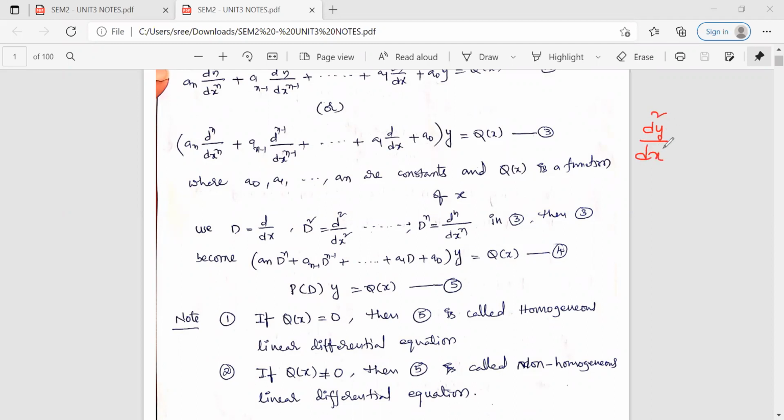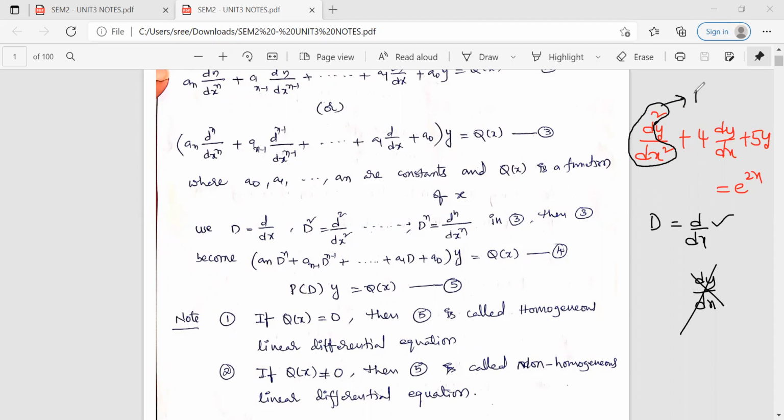If the given equation is like this, d square y by dx square plus 4 dy by dx plus 5y equals e power 2x, here we replace the given equation by substituting capital D in place of d by dx, not dy by dx, only d by dx we substitute capital D. That means d square y by dx square is equal to D square y, and here we have d by dx, in this place we substitute D. Then the equation becomes D square y plus 4 capital D y plus 5y equals e power 2x.